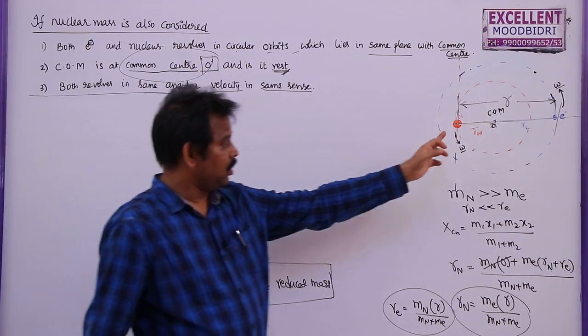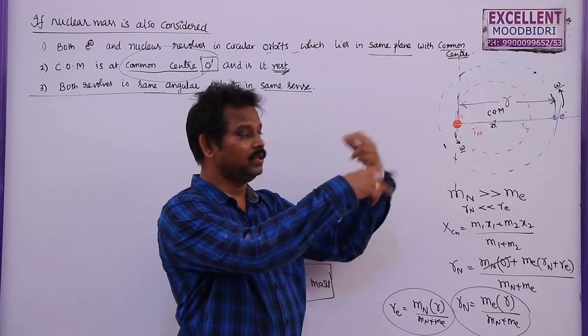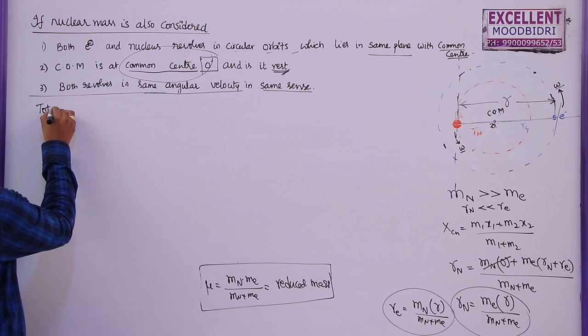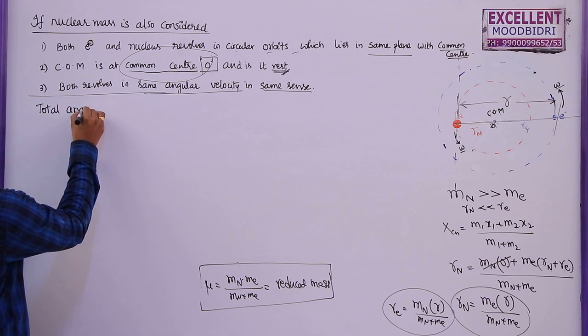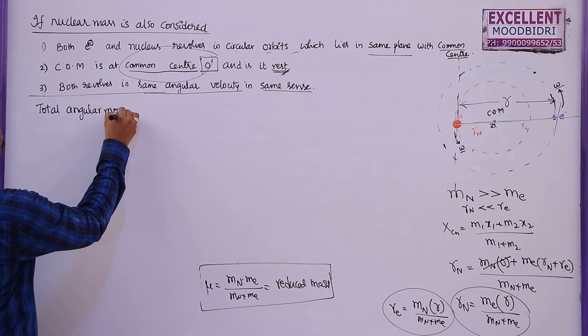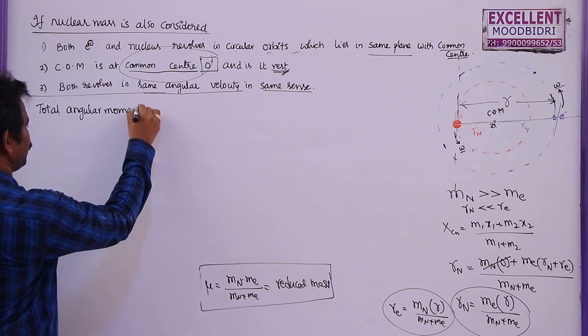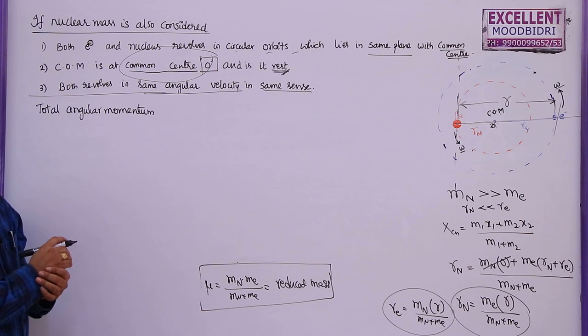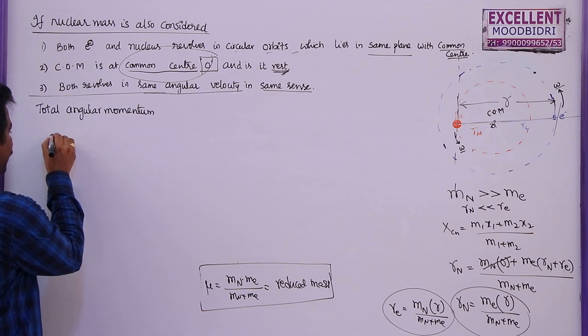The electron and nucleus revolve around each other, so the total angular momentum must be conserved. The total angular momentum of the nucleus as well as the electron, because both are revolving in different circular orbits. So what is the total angular momentum?